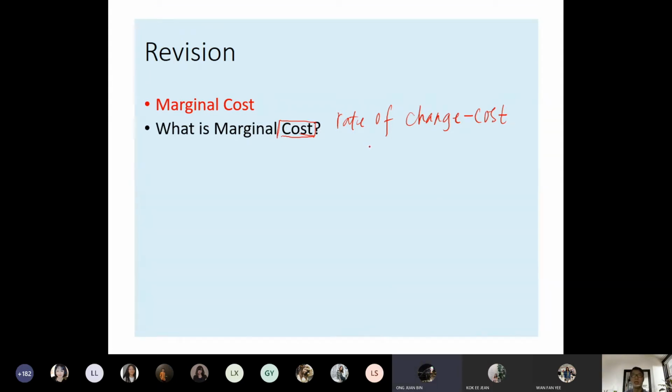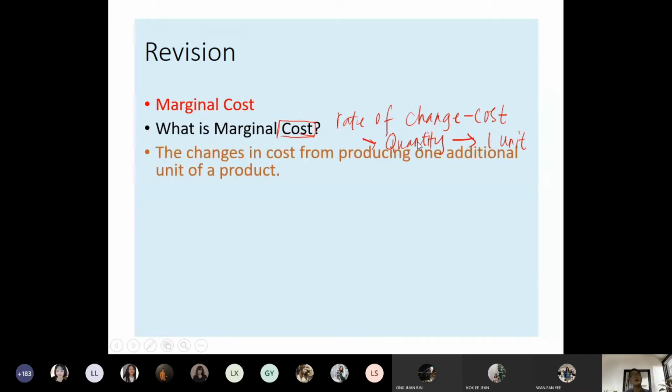Quantity increased by how many? Increased by 1 unit or 2 units or 3 units? 1 unit. Very good. So it's the rate of change of cost when the quantity is increased by 1 unit.